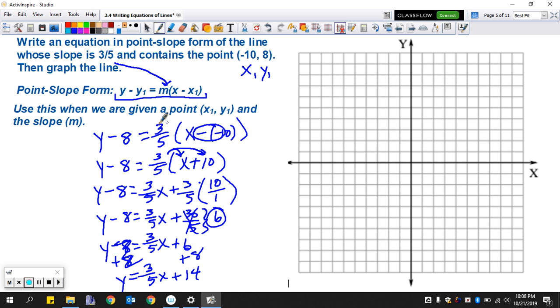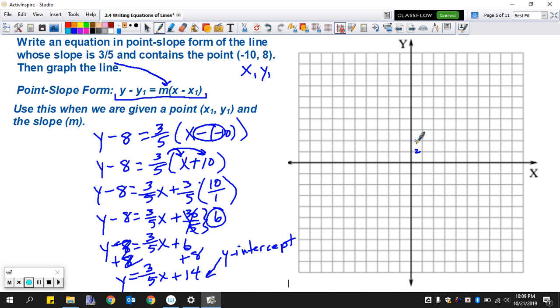Now, it's asked us to graph the line, and if we look over here, we only have 10 lines along each of the axes. So one of the things we can do is, we have a y-intercept of 14, and we just count by twos.